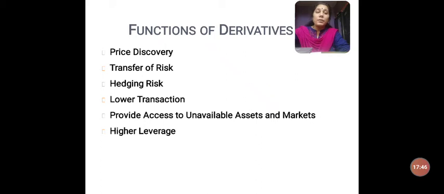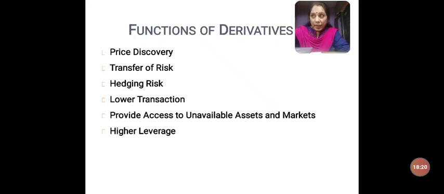For example, in a forward contract you are fixing the price on Jan 1st itself. But in future, the price of mangoes may fall. If the price of mangoes falls, the buyer B has to buy the mangoes at the specified price in the contract, which was the price of Jan 1st. So by doing this derivative contract, you are hedging your risk, you are transferring your risk, you are mitigating your risk.